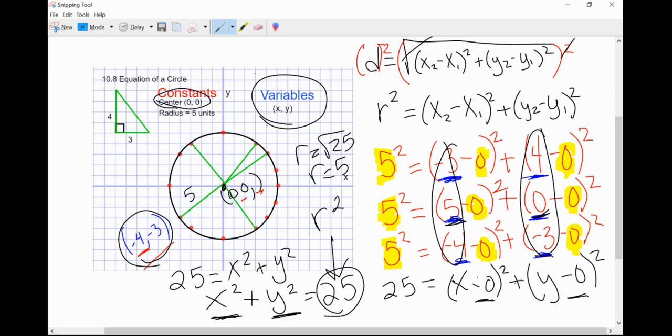So that is one example of how to write the equation of a circle. So now it's going to get easier because we're not going to keep deriving it. But I hope that showing you all of this has helped you understand where the circle equation comes from.